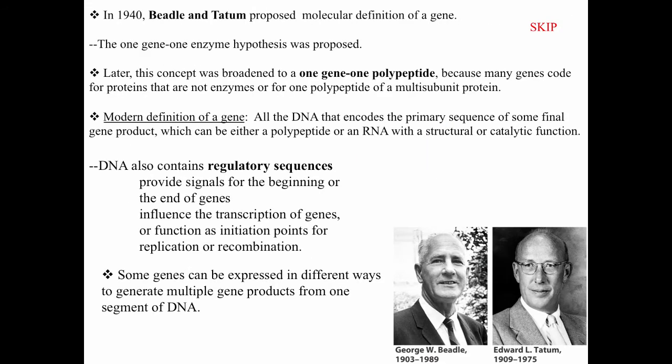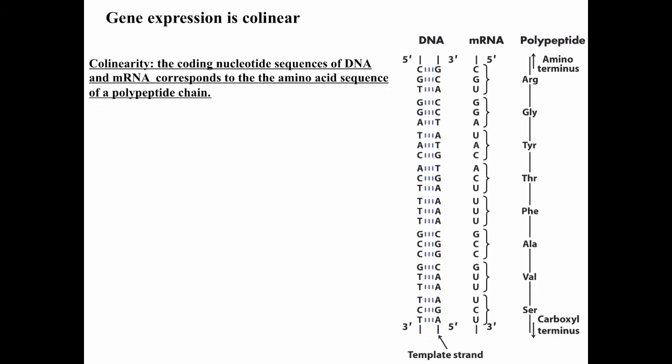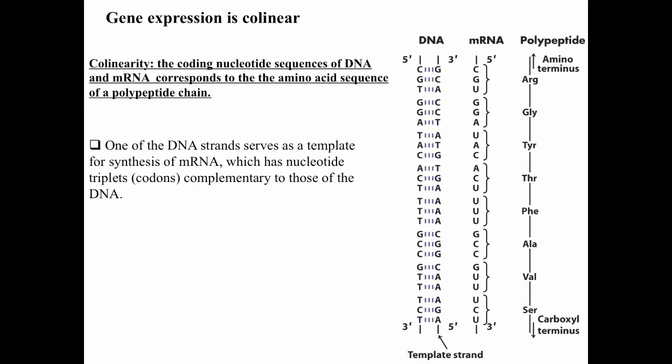We're going to skip this slide and go on to gene expression. So gene expression is collinear. Collinearity means that the coding nucleotide sequence of DNA and mRNA corresponds to the amino acid sequence of a polypeptide chain. If we have a strand of double-stranded DNA, one of the strands is going to serve as the template for synthesizing the mRNA strand.